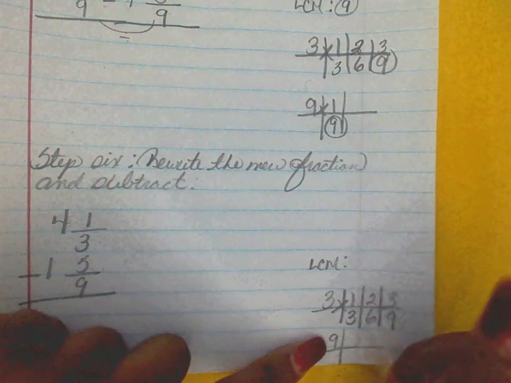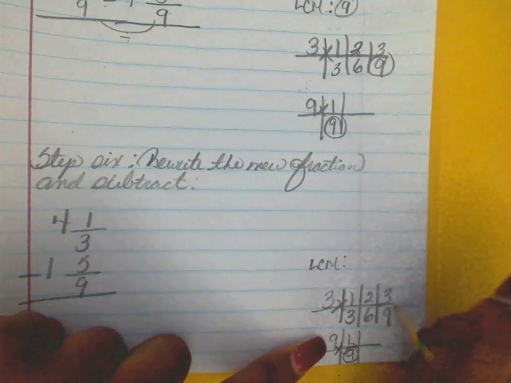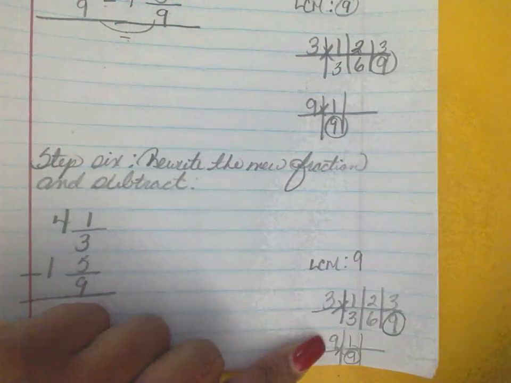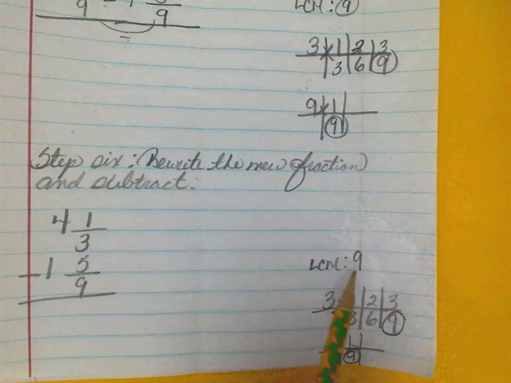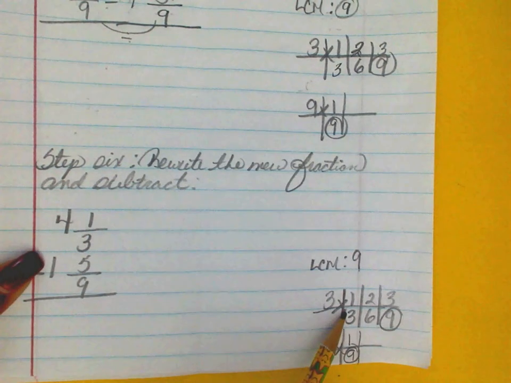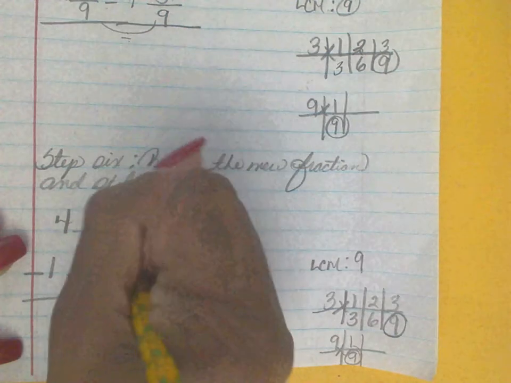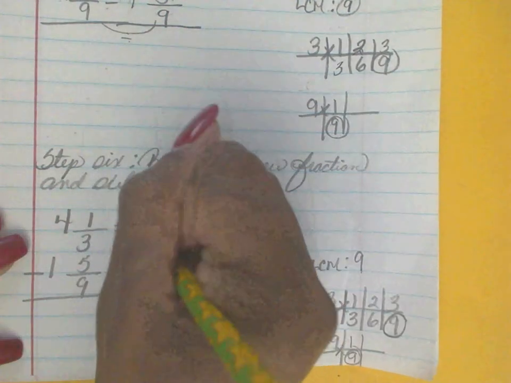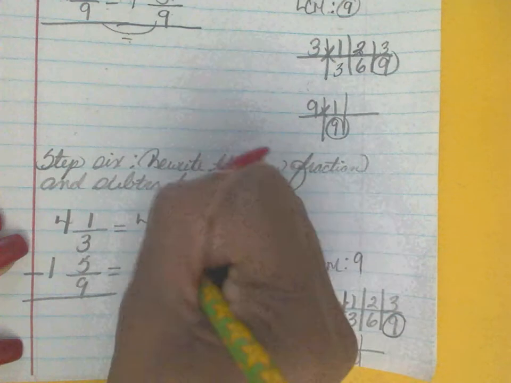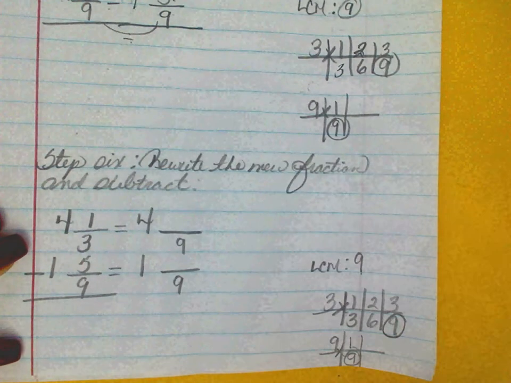So 1 times 9 is 9. Circle that LCM. Put it as your new LCM. So that's step 1 and 2. So step 3 is to make your LCM your new denominator. But if you have those whole numbers, bring those whole numbers over. So I bring my whole numbers over and make my LCM my new denominator.